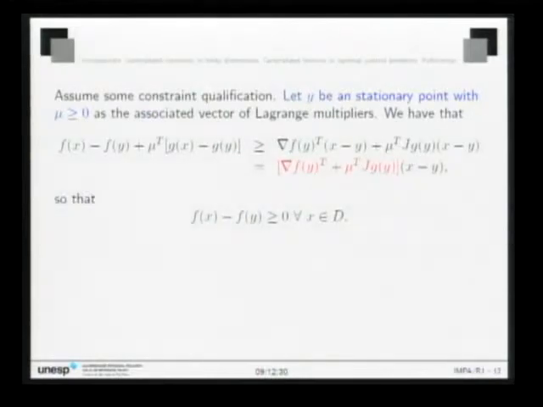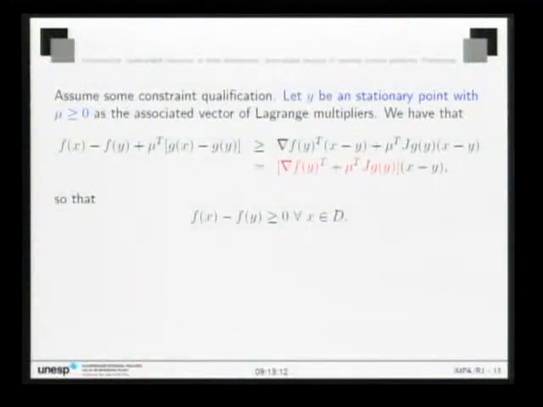Then we can do something similar. F of x minus f of y plus mu times g of x minus g of y here. And this mu is the Lagrange multiplier. If we assume some kind of constraint qualification for this convex problem, you have KKT conditions, so we can choose lambda equal to 1, and the rest of the multipliers, because we have only inequalities, would be non-negative.